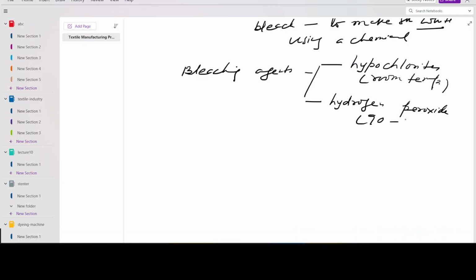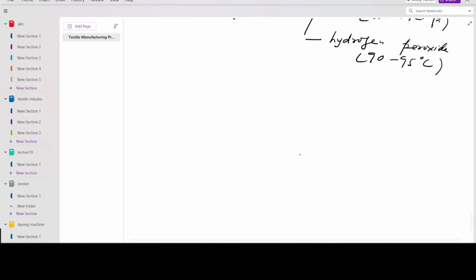It will be used at 90 to 95 degrees centigrade. Once bleaching is complete, the bleaching agent must be completely removed either through washing or through the use of enzymes. So it is very important to remove these after the bleaching process is complete.